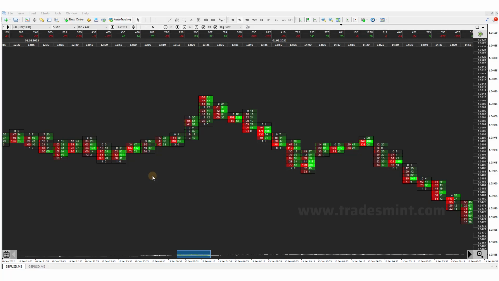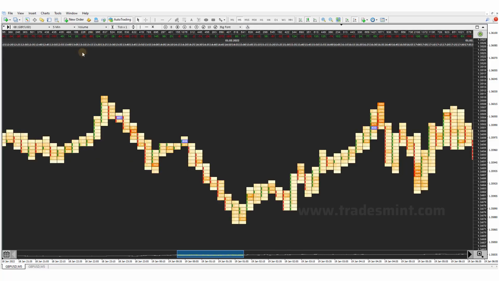I also want to say something about the differences in reading the footprint chart, because many educators or traders are reading the chart diagonally, as 74 bid to the 81 ask, 51 bid to the 83 ask. I noticed one thing, and also found this from the creators of the footprint, that if I have here the 100 to the 81 traded volume, I change the chart to only volume.